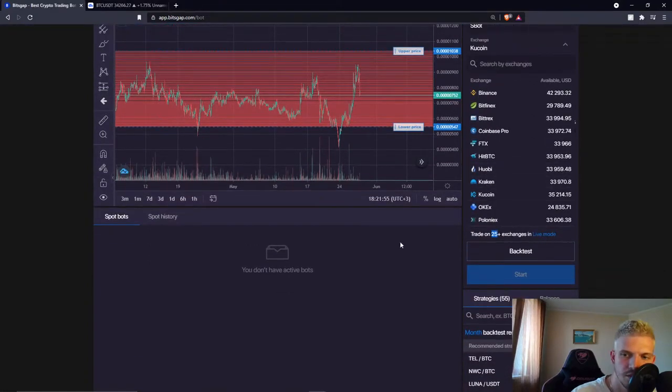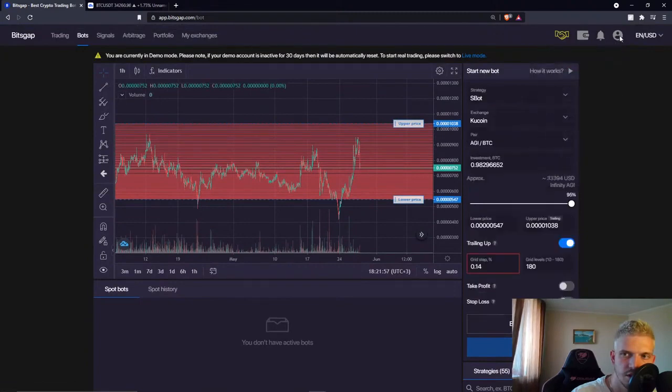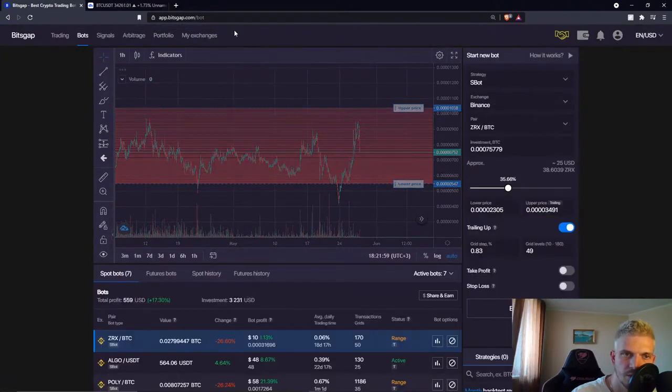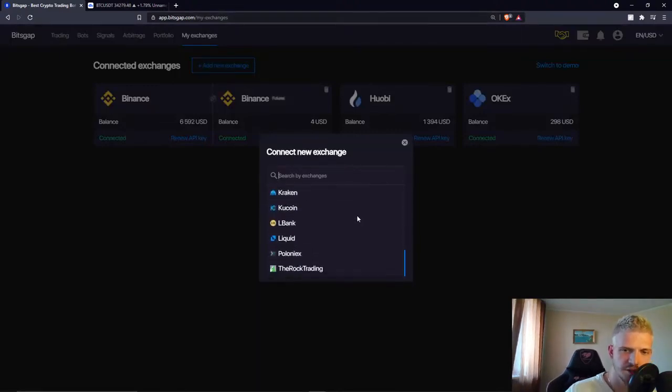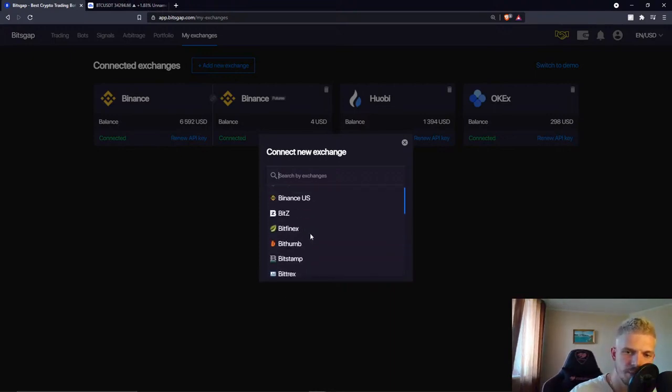So let me check in the real account mode, my exchanges, add new exchange. You see that many exchanges, and quite many are reputable, credible, well-known exchanges. Some have lower liquidity, but still you can trade them here.